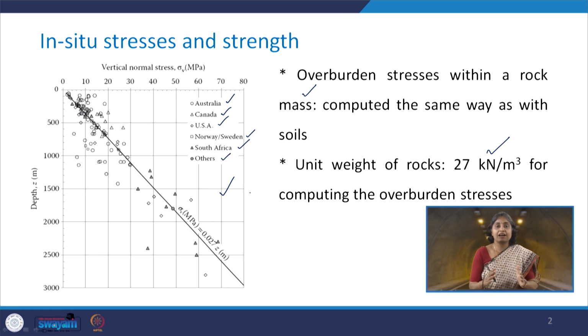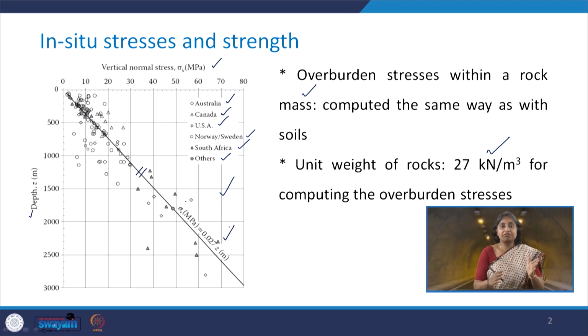So, all the data, when plotted on the same space, with vertical normal stress on the x axis and depth on the y axis, we could see that one can form a straight line: sigma v, in megapascal, is equal to 0.027 times z.